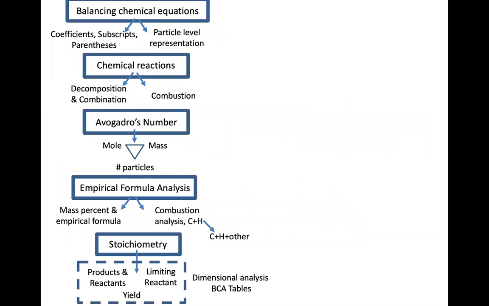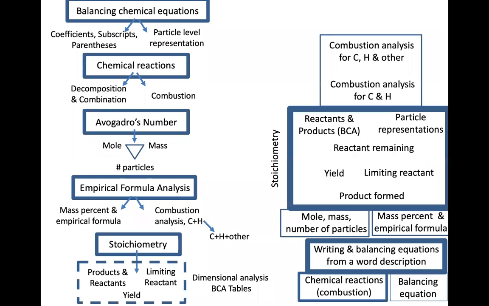So here's our pathway through the different ideas. And like I said, it's going to take us a couple classes to get through the different parts in chapter 3. This progression matches exactly the progression in the textbook. In my own analysis of these questions, the ones at the bottom are the ones students usually have a lot of success with, and the ones at the top are more difficult.